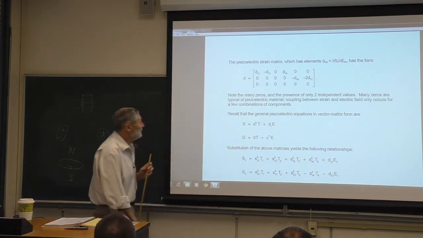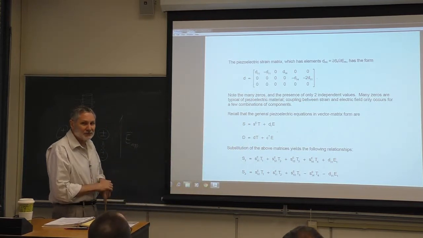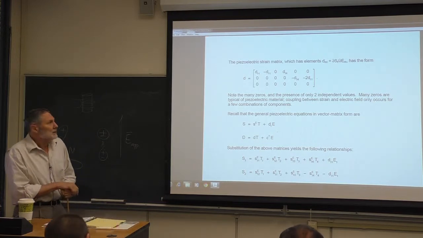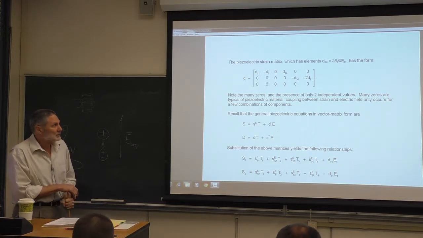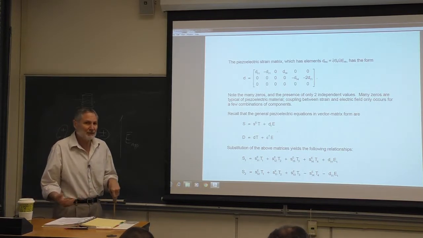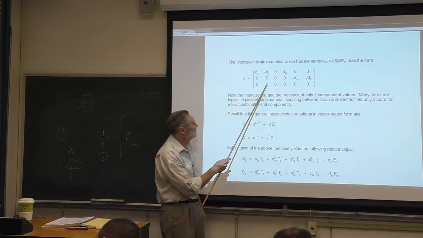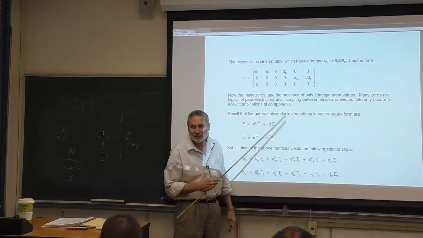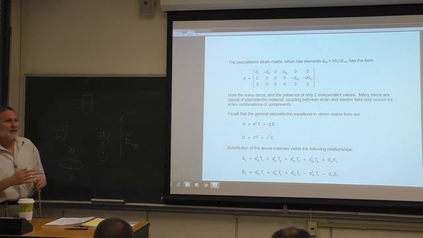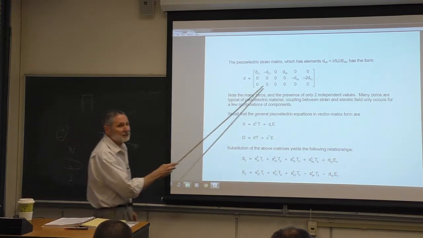And now the first thing you notice here is that there are a lot of zeros. And this is actually, I think, typical of sonar transducing material. You just can't throw something together and assume you're going to have a coupling. You could be assuming that one of these zeros is not zero. So you have to pay attention to the different directions and be guided by this.